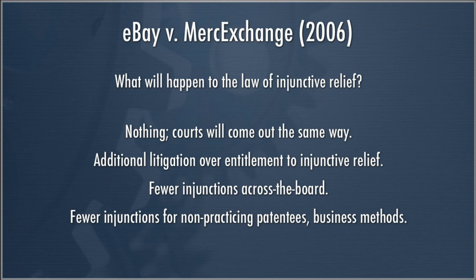It seems like there are somewhat fewer injunctions than there were pre-eBay. And in particular, there are fewer injunctions for non-practicing entities, companies that don't make the products that they're trying to sue somebody for, and business methods, I think, are getting less injunctive relief. But the patterns aren't particularly clear so far.